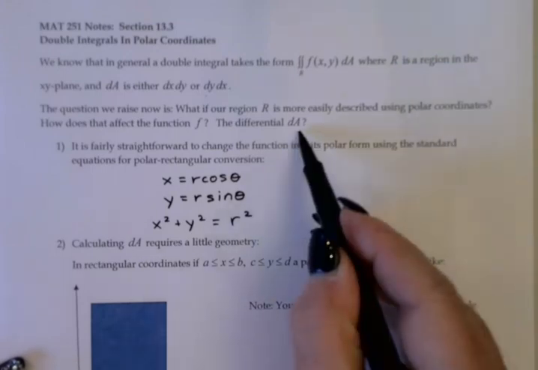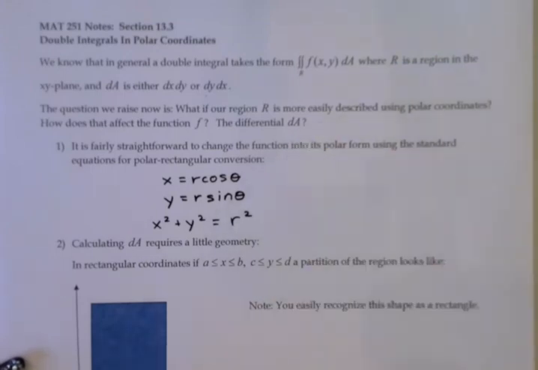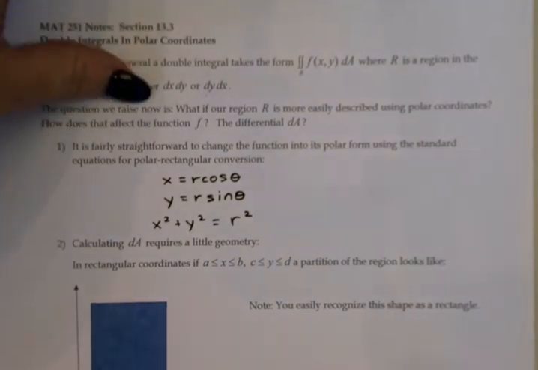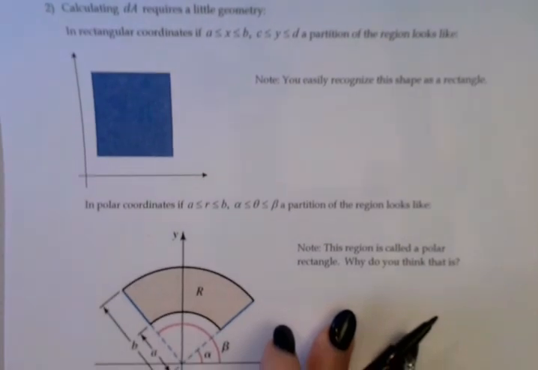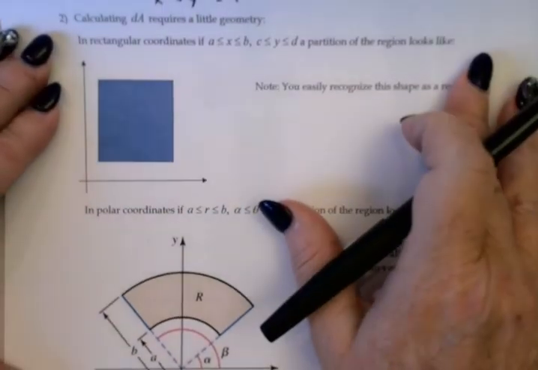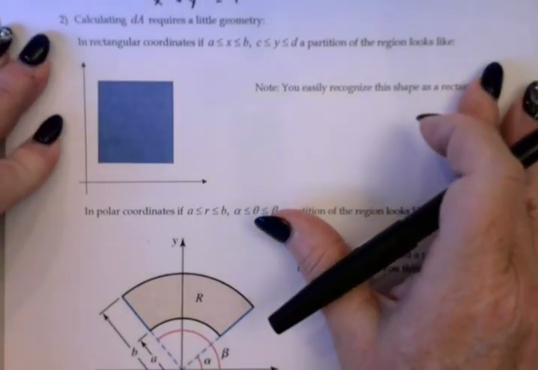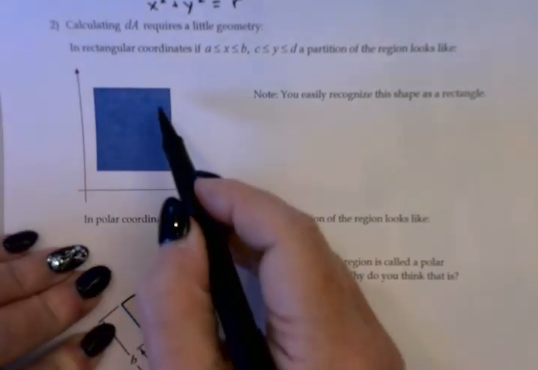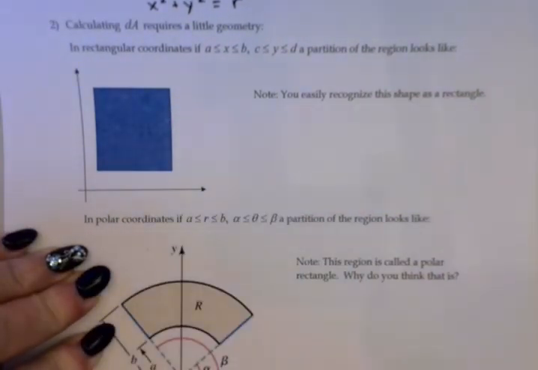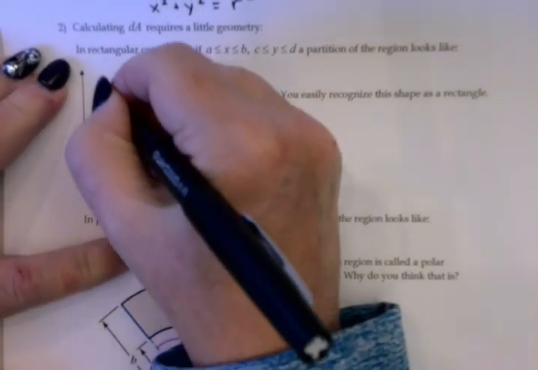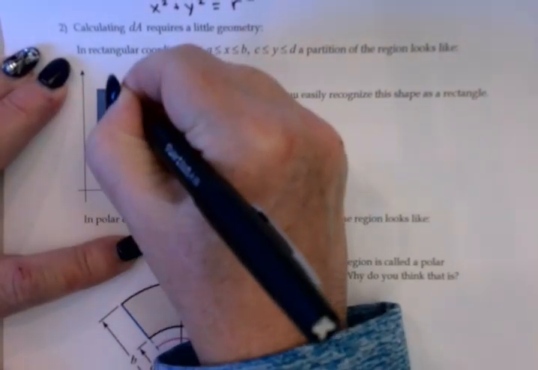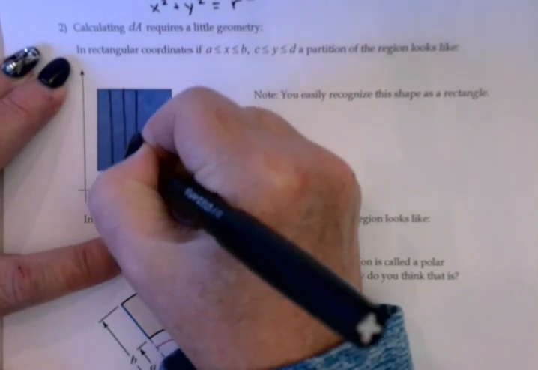The differential dA is another story. That's going to take us a little bit more work to get to. We need to think about the geometry a bit. We certainly know that in rectangular coordinates, if we've got some region R, this rectangle here, what we always did was we partitioned our region into a whole bunch of little rectangles.